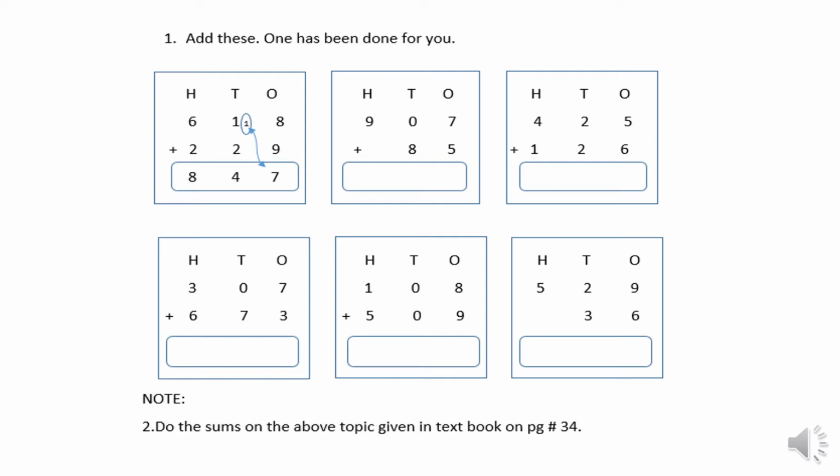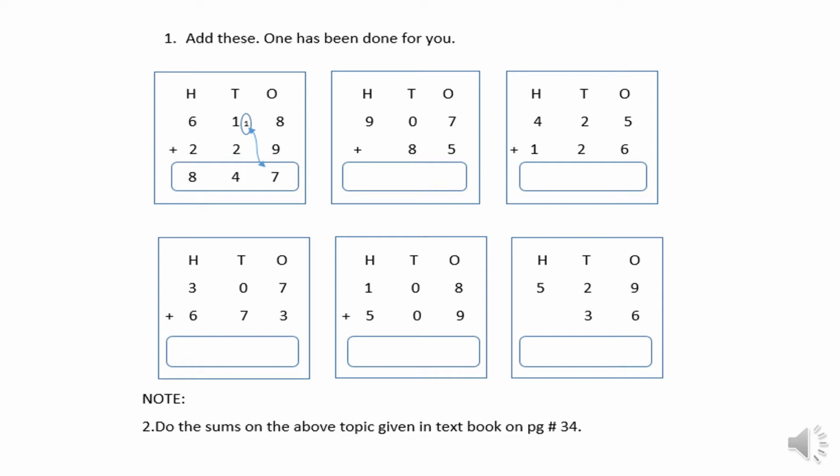So in this way you will do the remaining sums. There are 6 sums on this page. Out of these 6 sums, 1 is already done for you, and you will solve the remaining 5 by yourself.